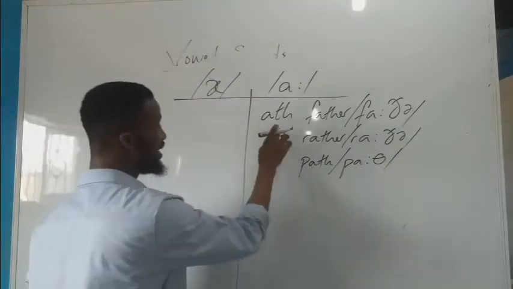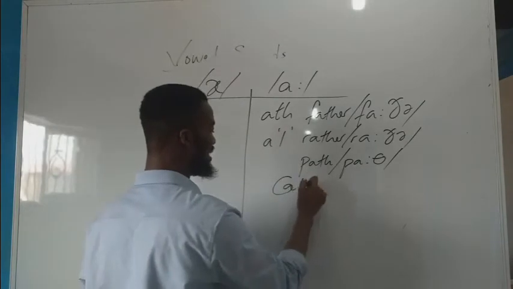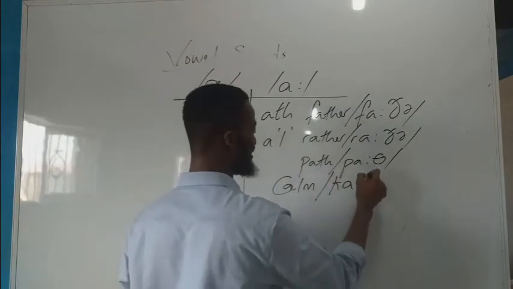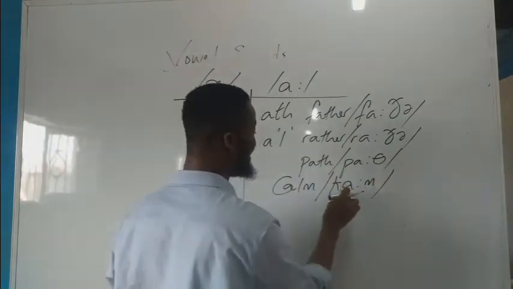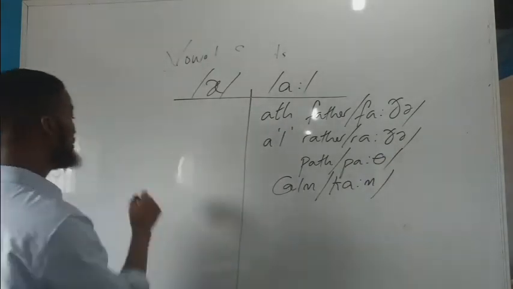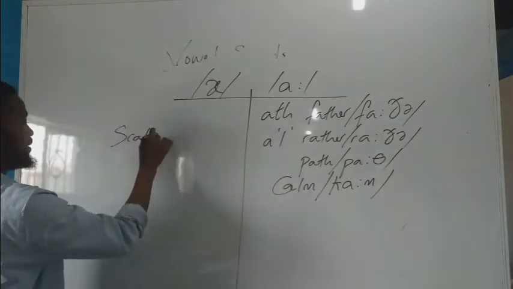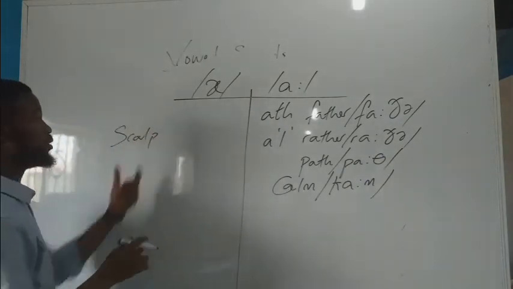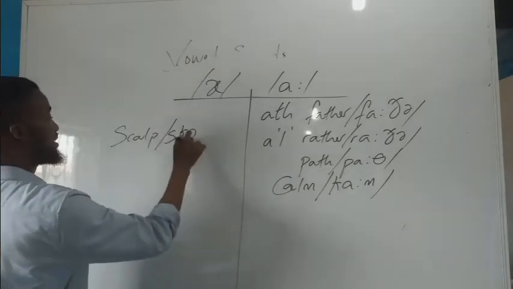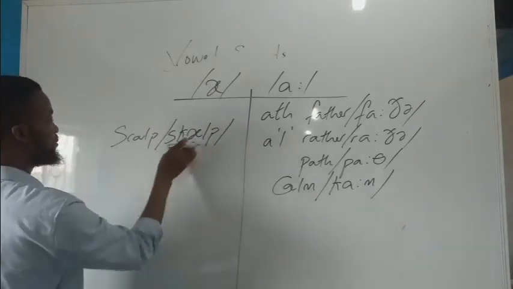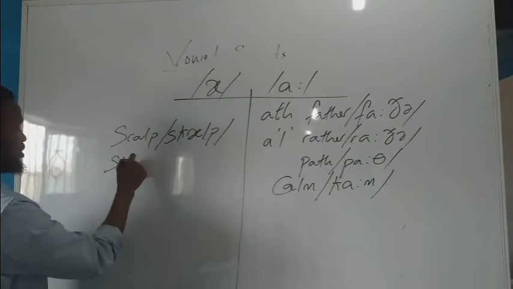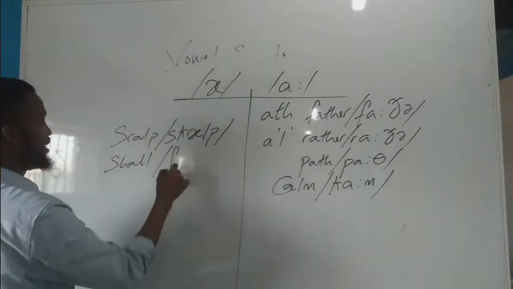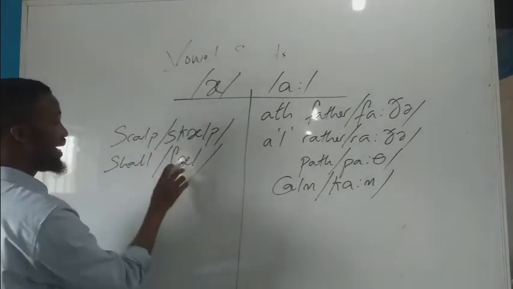Alright, AL, when the L is silent, CALM is pronounced as calm, because the L is silent. Watch out, if it were to be SCALP, this L is pronounced, it's going to be short. If I have SHALL, this is going to be short, because the L is pronounced.